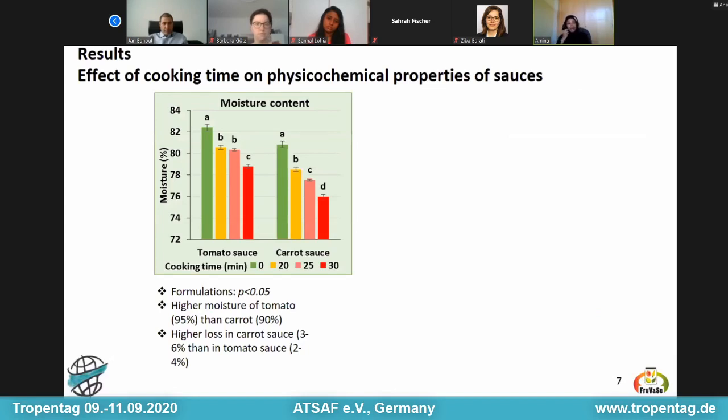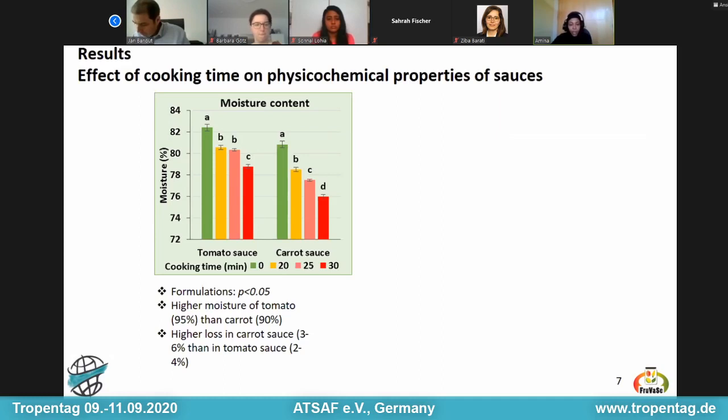So here are the results. So when we see the moisture content of tomato and carrot sauce, you see the tomato sauce had highest moisture content compared to carrot sauce. And this could be due to higher moisture content of tomato itself, which was about 95 and 90 for carrot.